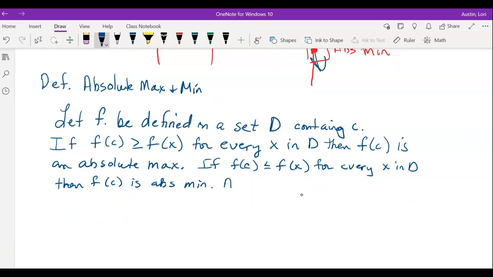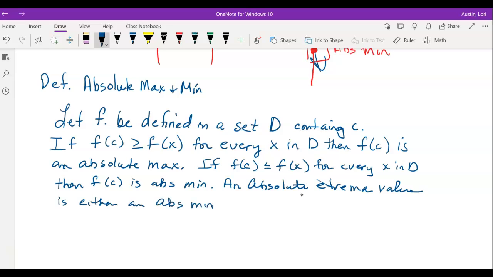And then, of course, the other term, an absolute extrema value is either an absolute min or absolute max. So if you are asked to find the absolute extrema, that means both max and min.